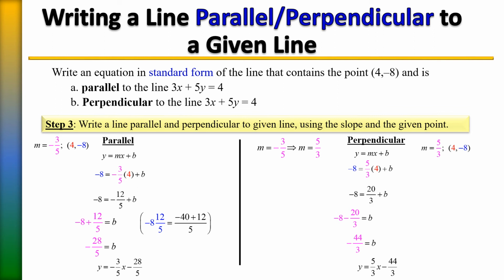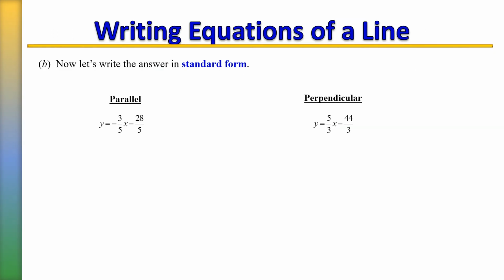We wrote a line that was parallel to our given line, and we also wrote a line that was perpendicular to our given line. And now we're asked to write both equations in standard form.